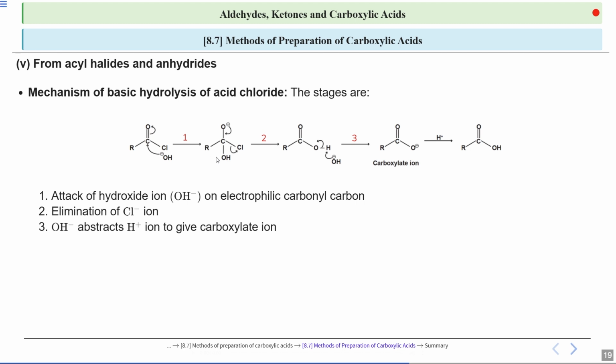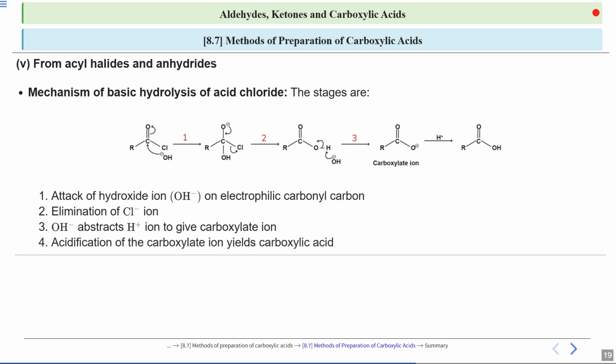In the further step, the hydroxide ion abstracts a proton to form a carboxylate ion. So this hydroxide ion will abstract a proton and give you a carboxylate ion, which stabilizes the negative charge that is developed on the oxygen atom. Now finally there will be acidification, which will yield the carboxylic acid.